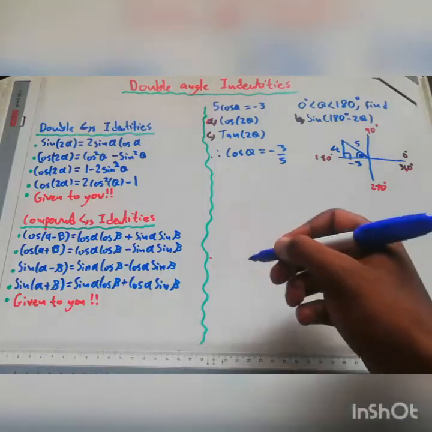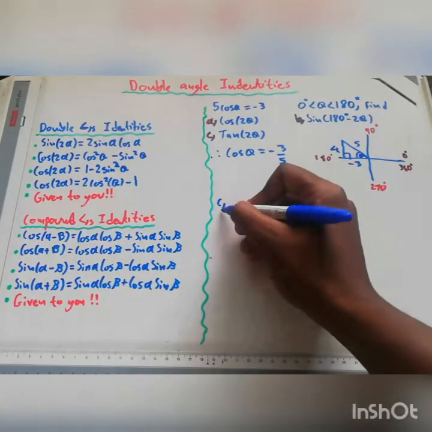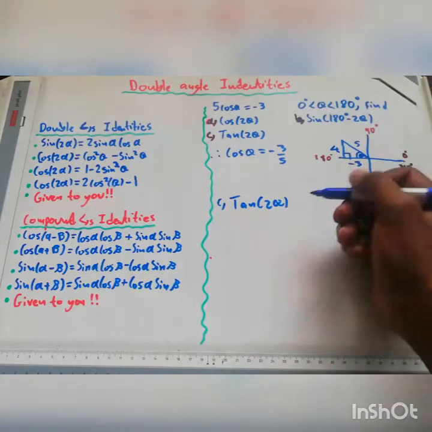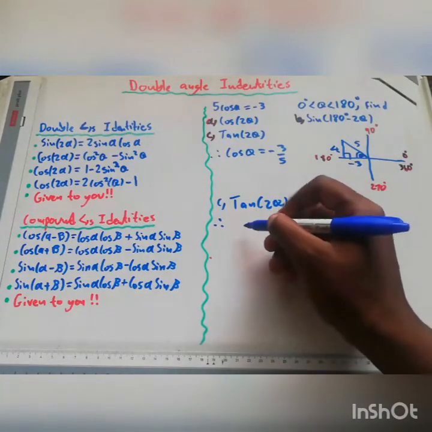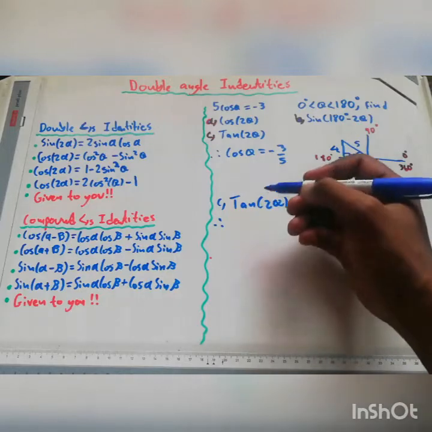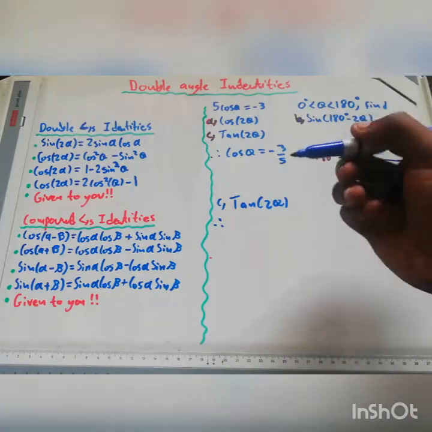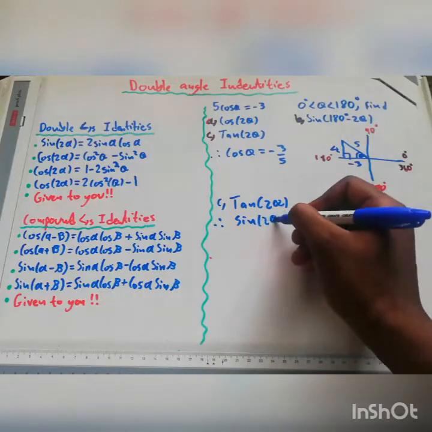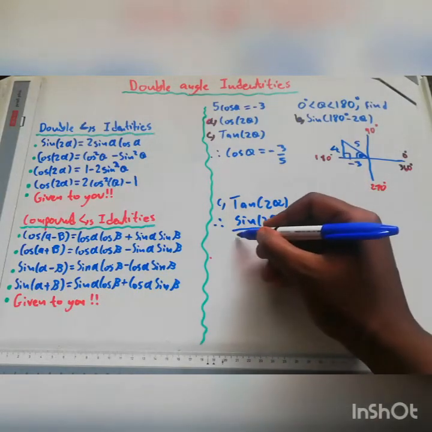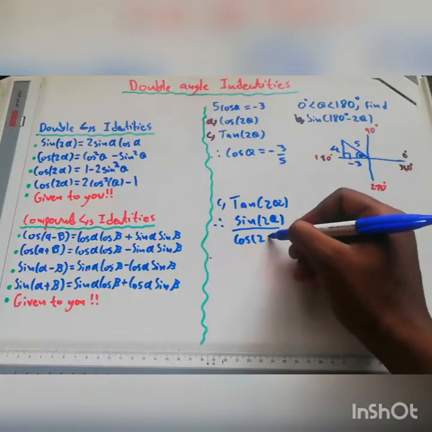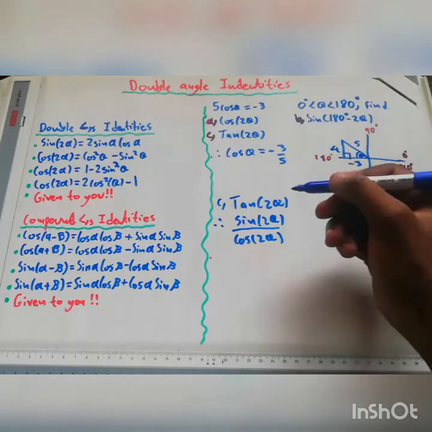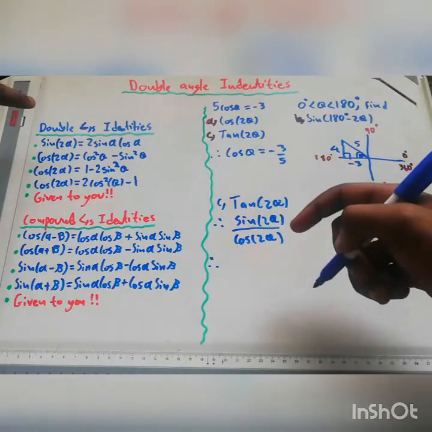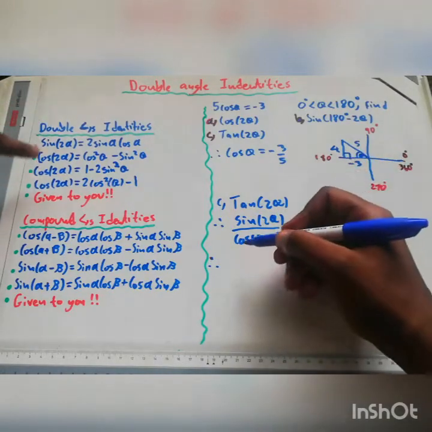The final question says that we have to find tan 2 theta. How do you do this one? Firstly, you know that any tan is simply a sine over a cos. So this is the same as sine 2 theta over cos 2 theta. And then from here on, you can apply your double angle identity for the sine.